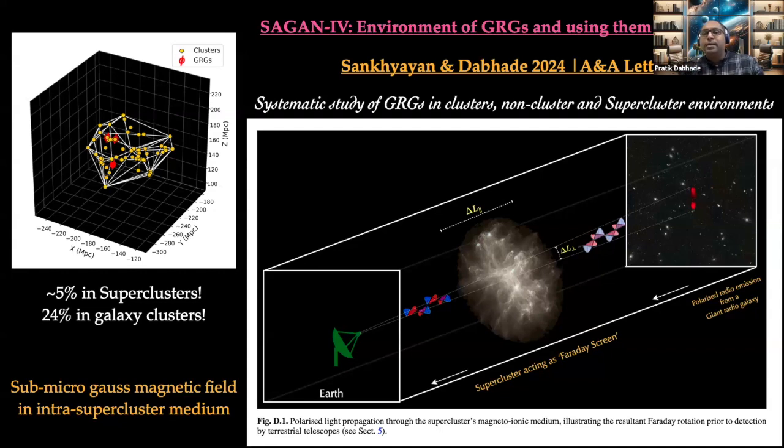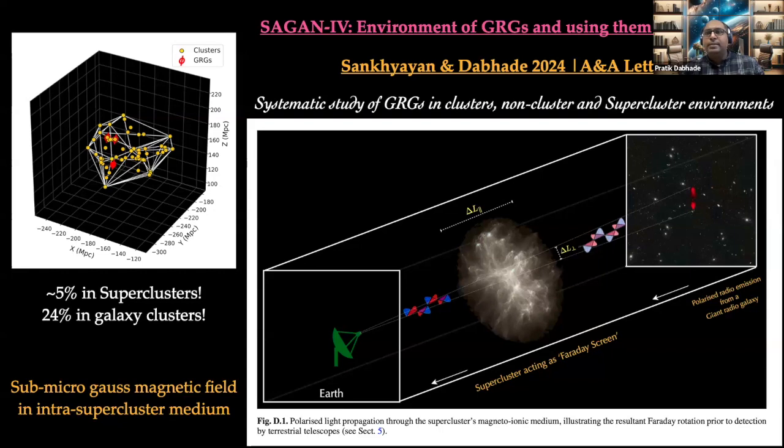Earlier we could only say 15 to 20%, but now we know it is much more. It is nearly 24% of giants in dense galaxy cluster environment, and within those, 5% are in supercluster environment.